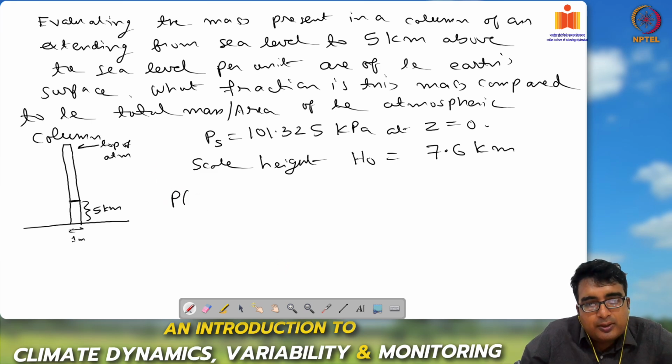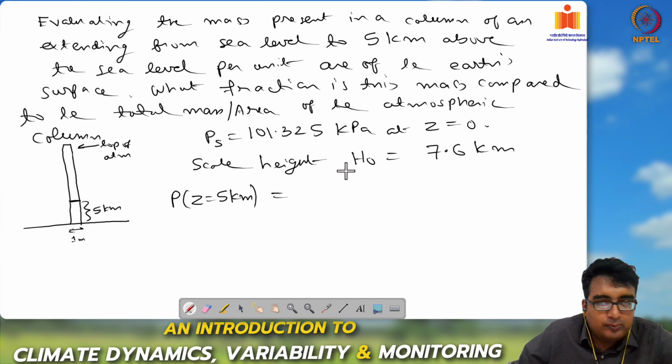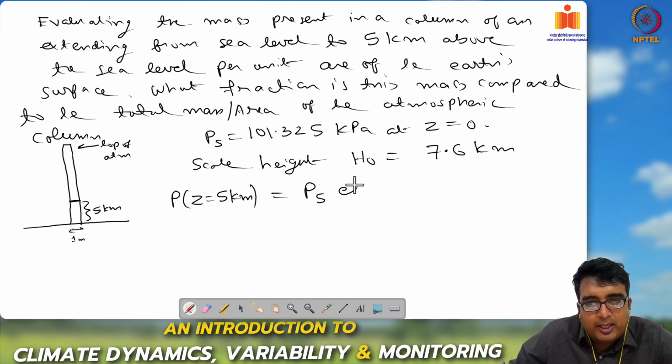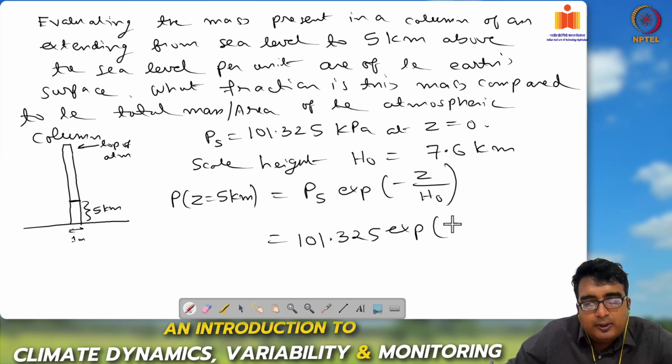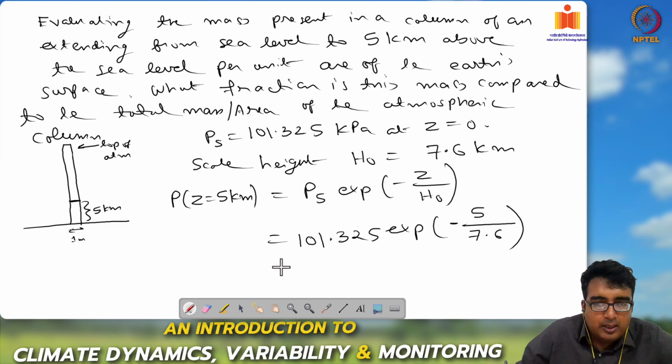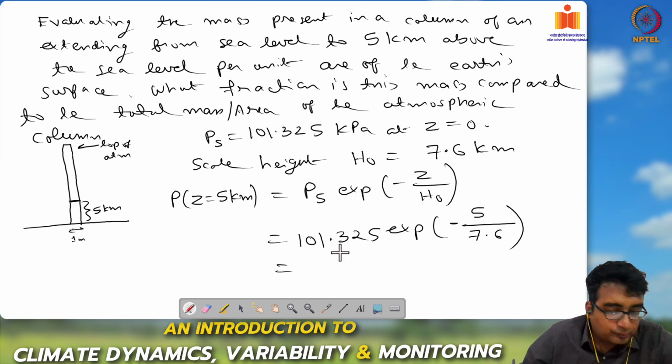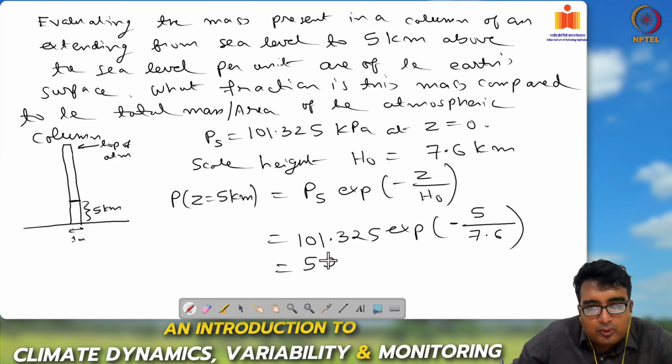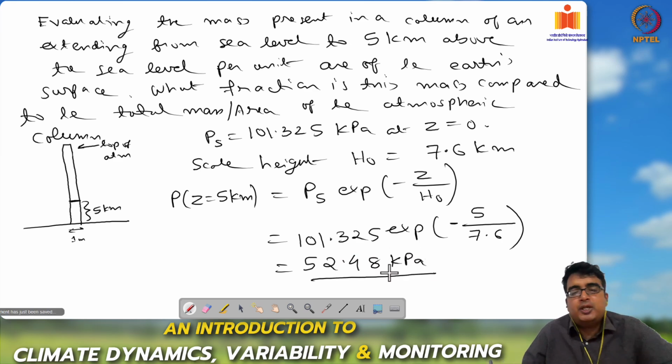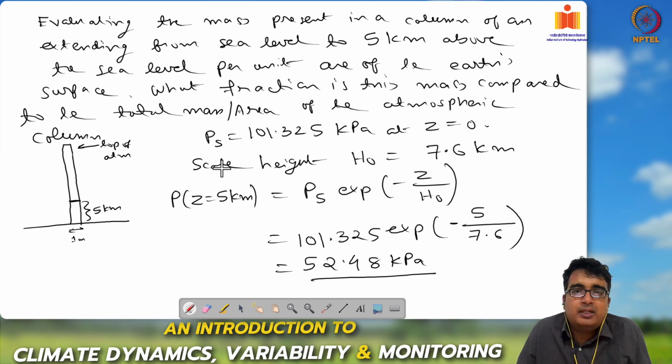So the pressure at Z equals 5 kilometers is equal to PS times exponential of minus Z by H0, correct. So 101.325 times exponential of minus 5 by 7.6. Okay, this becomes equal to 52.48 kilopascals. Okay, this is the pressure at 5 kilometers above the sea level.